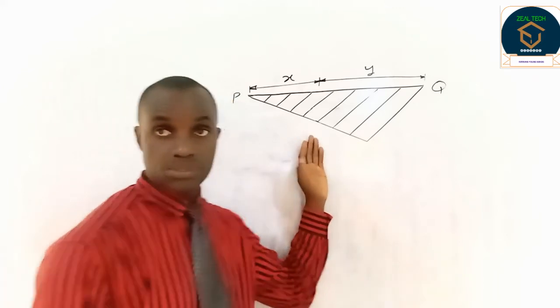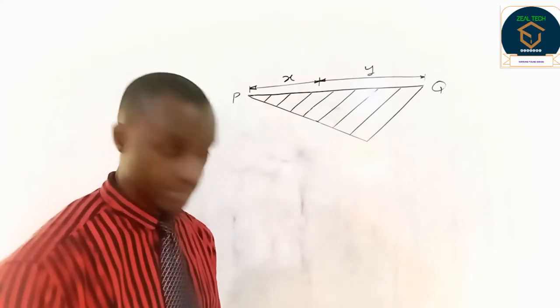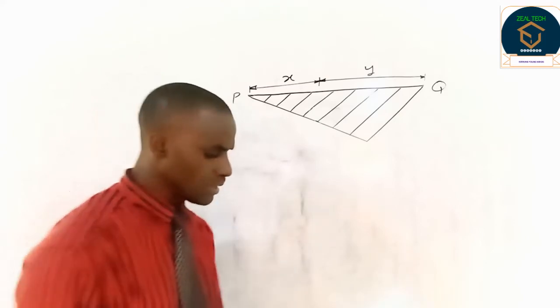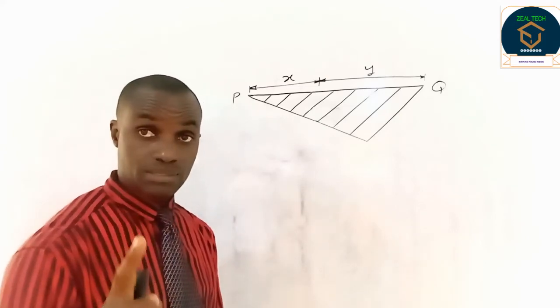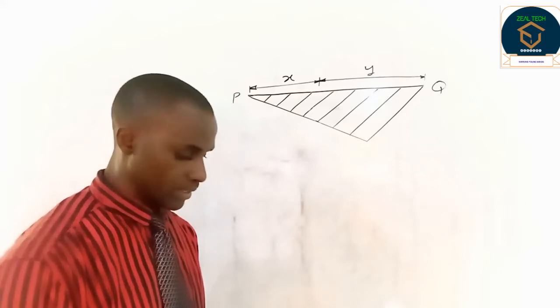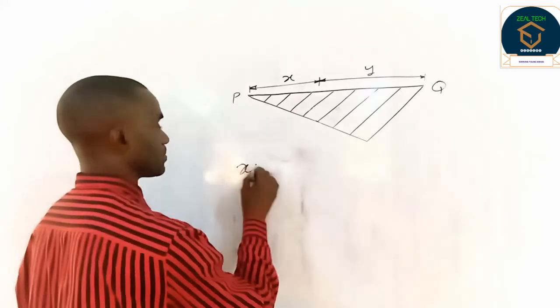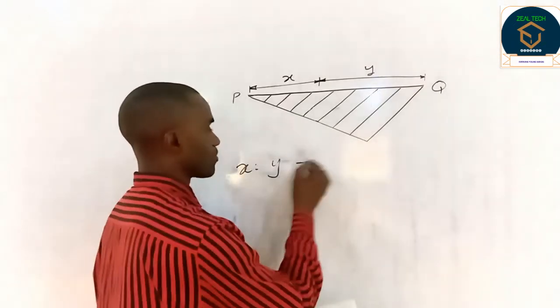This is the sketch on the board. You can also see that on the screen. The question is already on the screen for you to follow. Number 2 requests that we find the value of x ratio y. X ratio y is what?